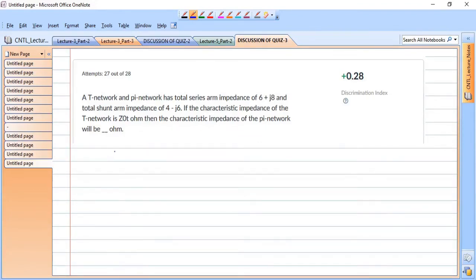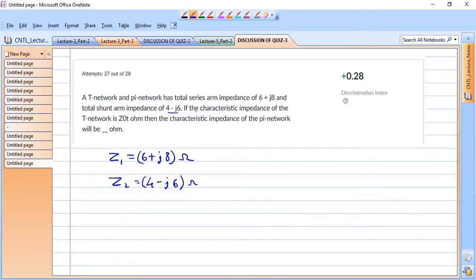So we have a T network as well as a pi network. Both have the total series arm impedance Z1 equal to 6 plus j8 ohm, and the total shunt arm impedance is given as 4 minus j6 ohm.